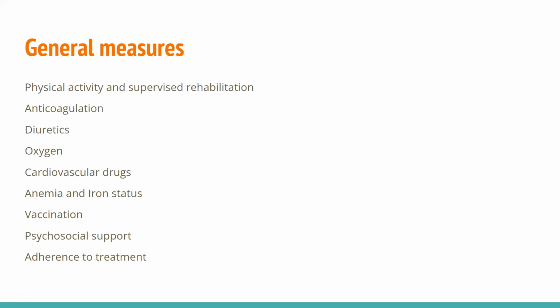The other consideration is vaccination. These patients have to be vaccinated against influenza, Streptococcus pneumoniae, and SARS-CoV-2. Then psychosocial support. Patients are said to be moribund, and they need persistent support, both psychologically and physically, because of the medications and the treatment they are taking.